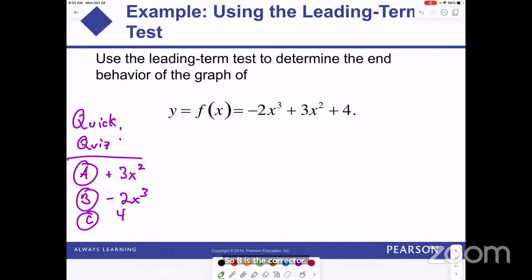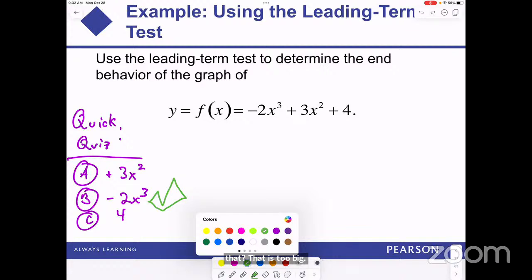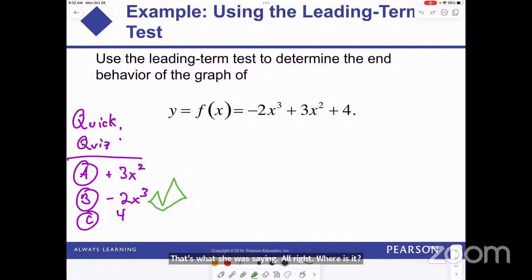Let's do like, whatever. Be nice if I had a quick way to fill that. I don't know of a quick way to fill it. How big is that? That is too big. That's what she said. All right. Where is it? I'm looking for it. Come on. Let's put you like this. Now, what we could do, I didn't think about that. Let me see if I can get that to work. Okay, I know what I can do. Like this, like that. Oh, let me try one more time. So it does have a polynomial feature.